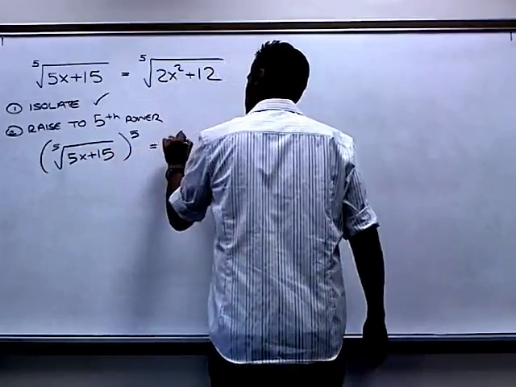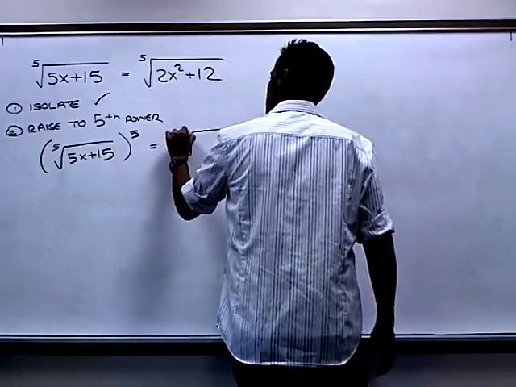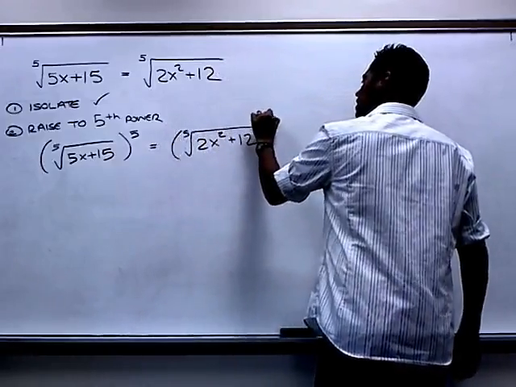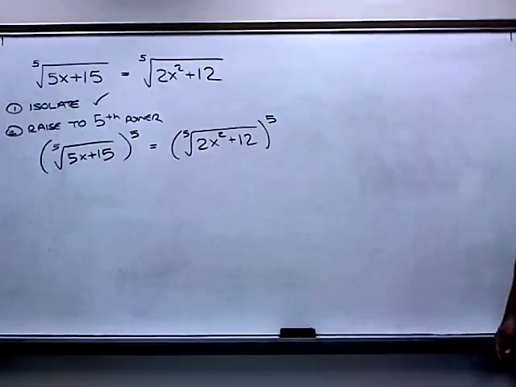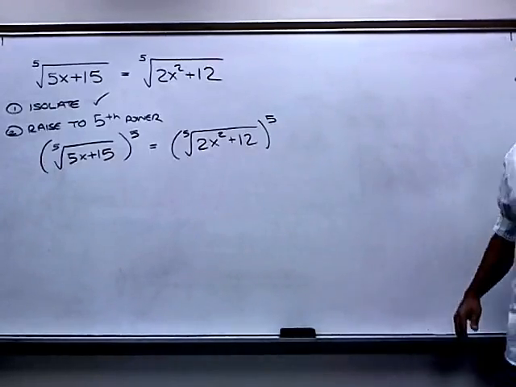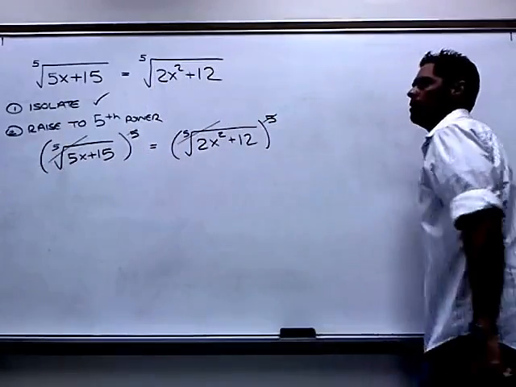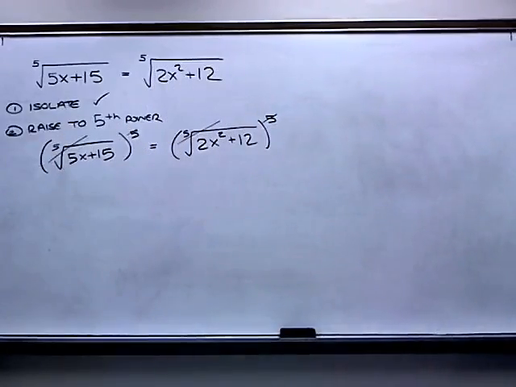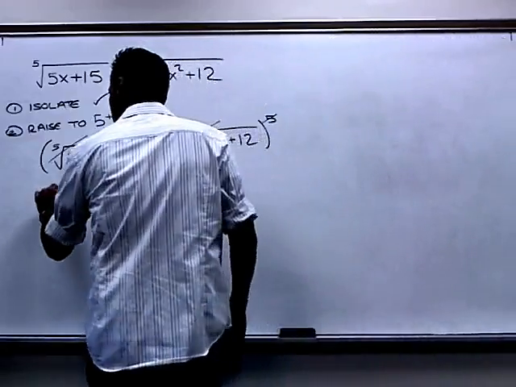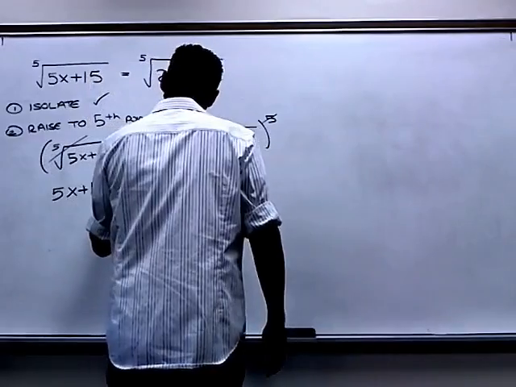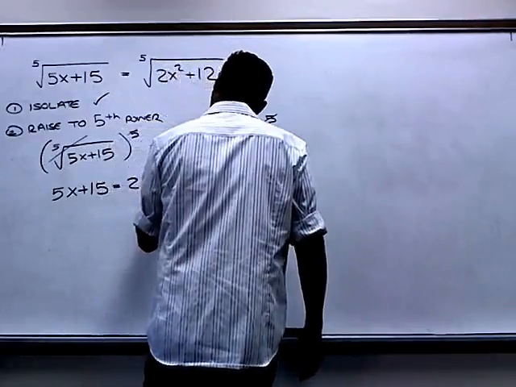On this side, I take the fifth root of 2x squared plus 12 and raise it to the fifth power. The roots will go away on both sides, right? And you'll be left with 5x plus 15 equals 2x squared plus 12.